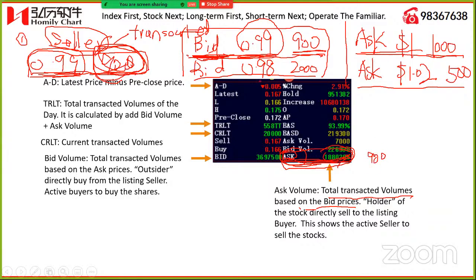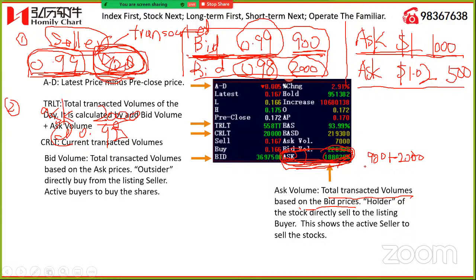Okay, so let's say next, another seller is also willing to sell at $0.98 for 2,000 shares. So there was another ask volume done at 2,000 shares at 0.98. So this 2,000 will add to this 900 into the ask volume.